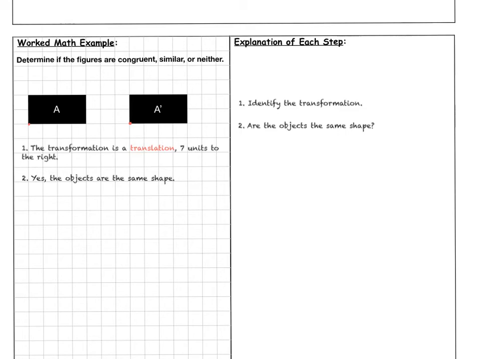Okay, for this problem we're just going to count. So we're going to start with the height. The height is going to be 2 units, so let's write that down. The height is 2 units. And now we're going to be paying attention to the base or the width. So we have 1, 2, 3, 4 units.